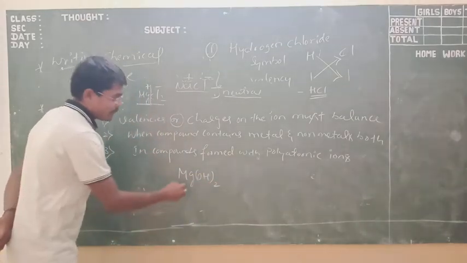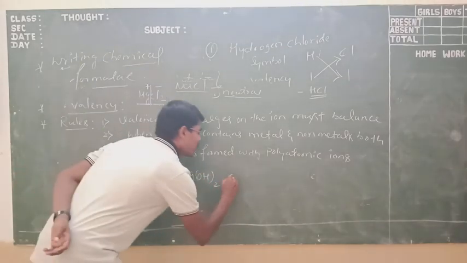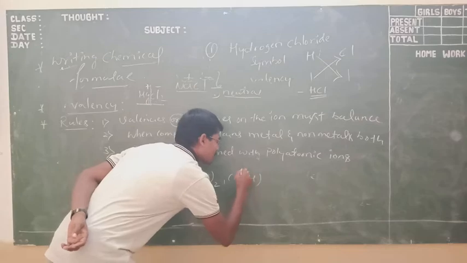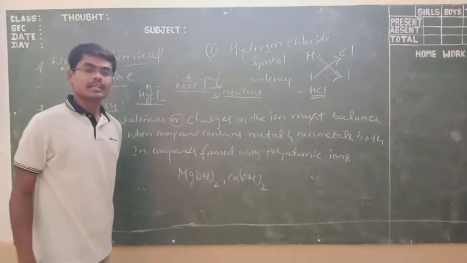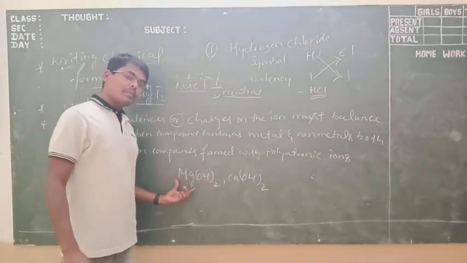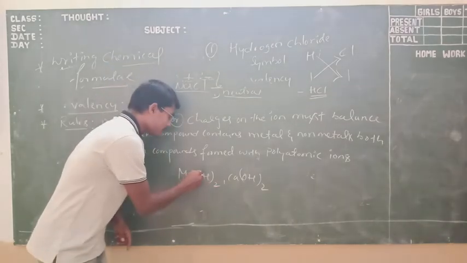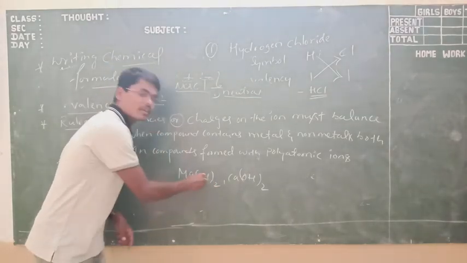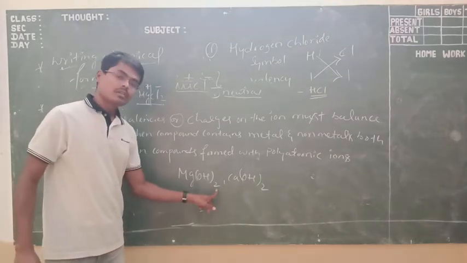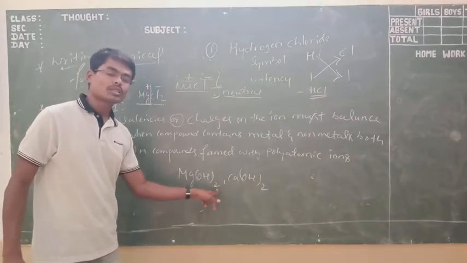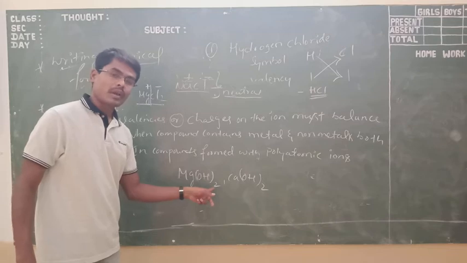What is this? Magnesium hydroxide or calcium hydroxide. Here the magnesium hydroxide, you take this example, I have written a bracket for this one and the number 2 I have written outside of this bracket.